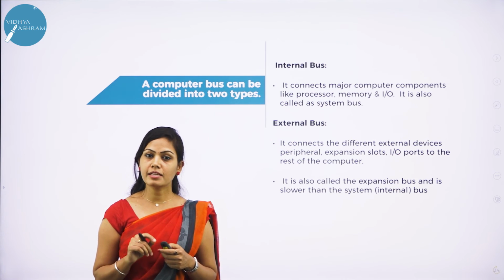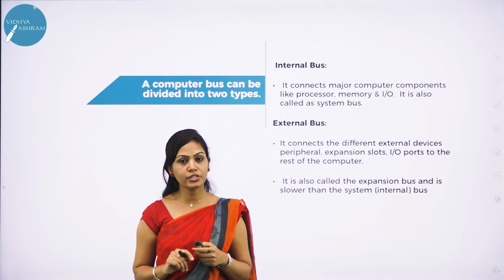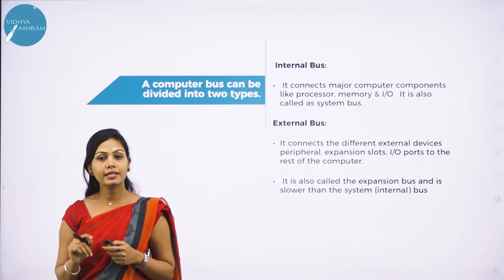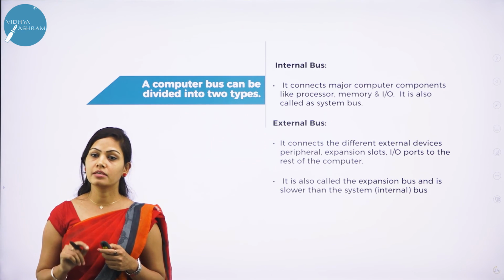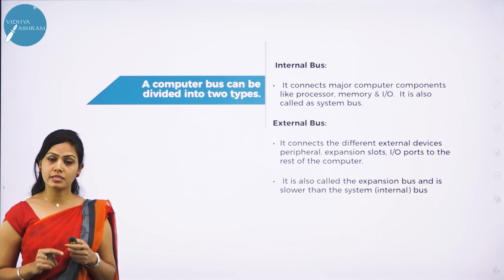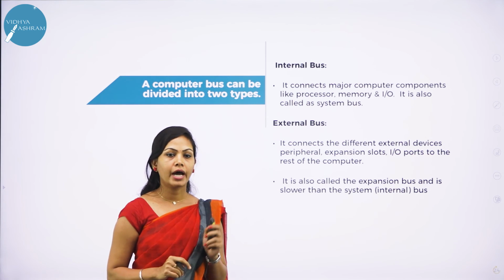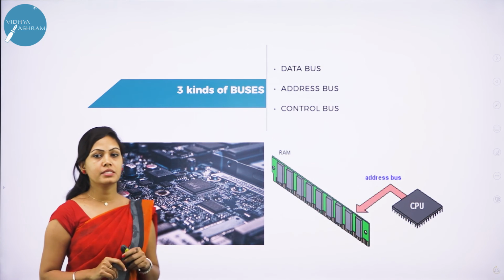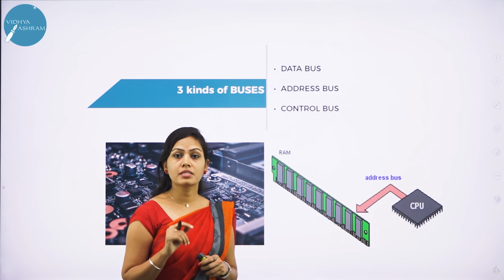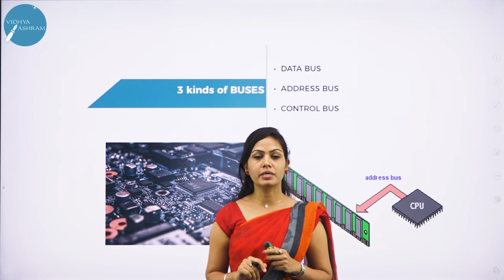External bus, also known as expansion bus, is made up of electronic pathways that connect the different external devices such as printer, etc. to the computer. And there are three kinds of buses: data bus, address bus and control bus.